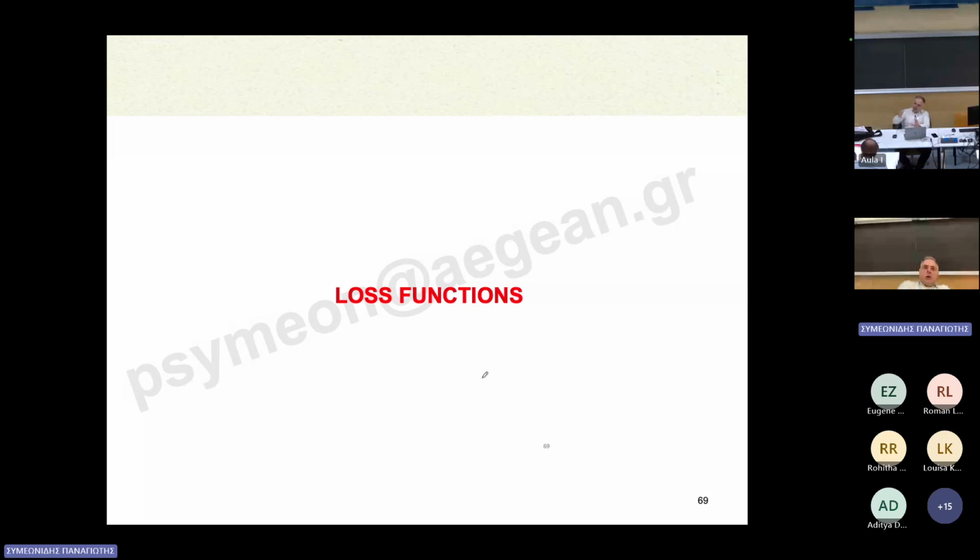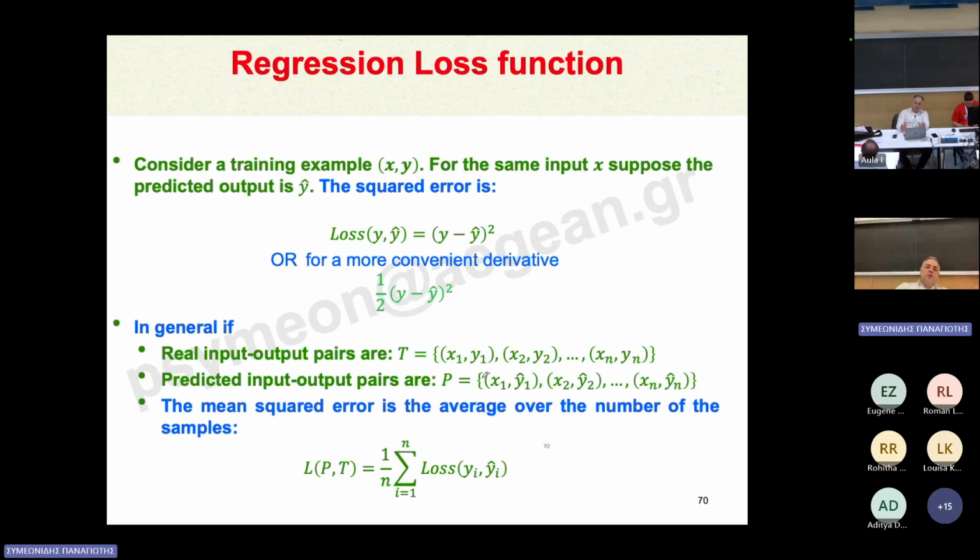That's why at the end of the neural nets, we use one loss function. Here we will see two different kinds of loss functions. The first is the regression loss function. It has to do with the ratings, the rating predictions. Here we use the squared loss between the real and the predicted rating.